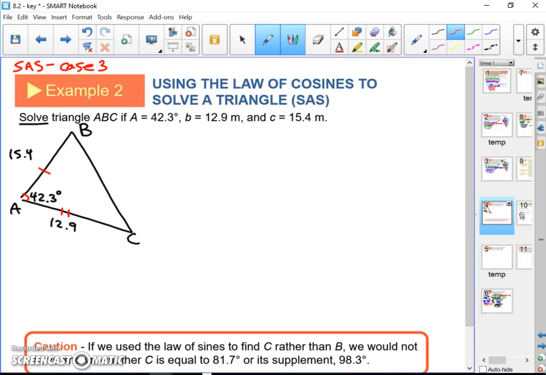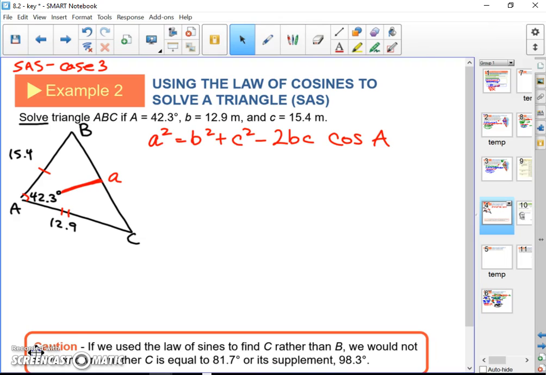Okay? So where do I start? I'm going to establish a partnership with this angle and find the side across from that angle, and that's side A. So if you're looking at your formula, A squared would equal B squared plus C squared minus 2BC times cosine A. So then let's plug in.